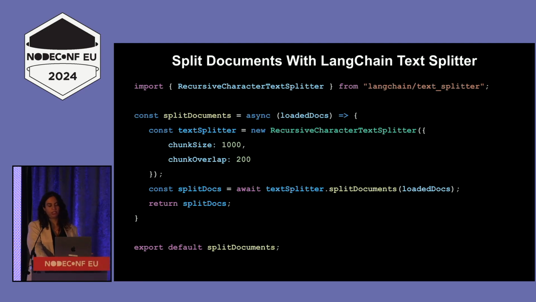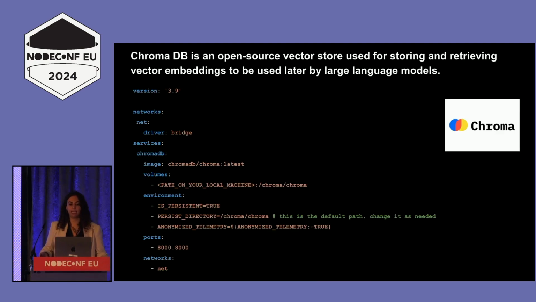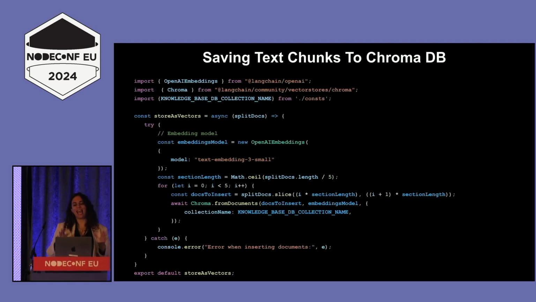All right, so we're splitting the documents, and then embedding them and saving them into the database. Regarding the database, I took Chroma. Chroma is a vector database which is popular for these kinds of applications, and that's the Docker Compose, if you're interested.